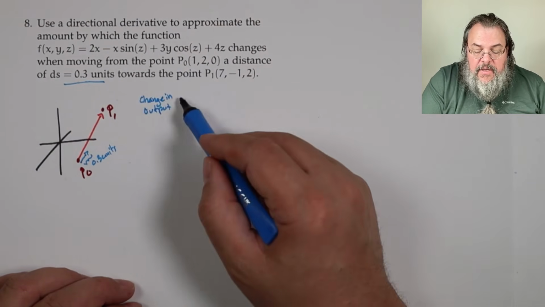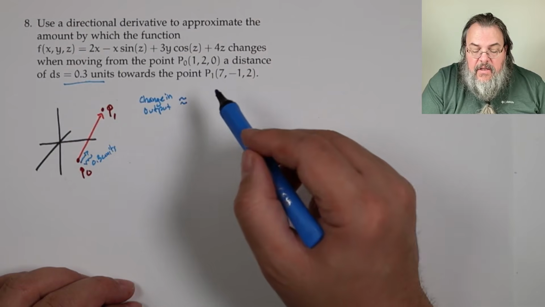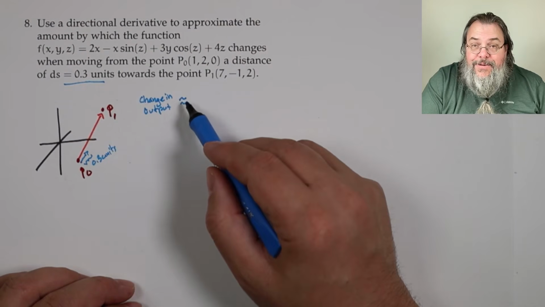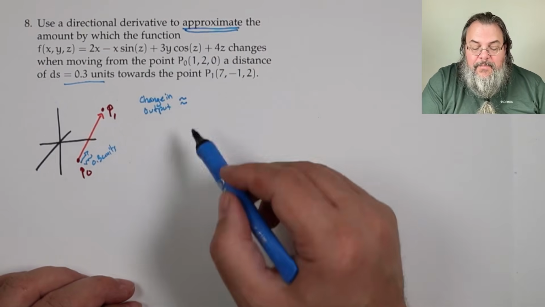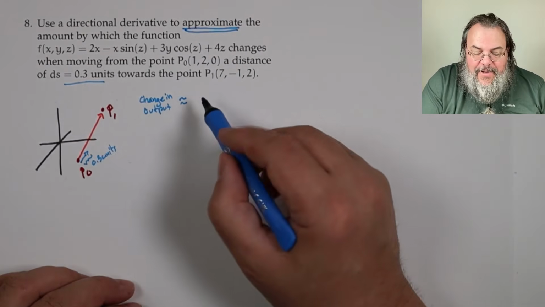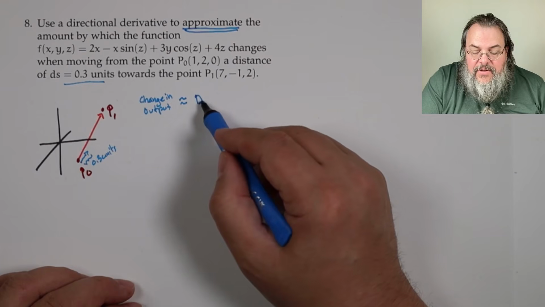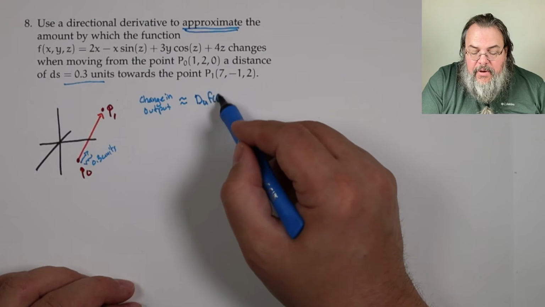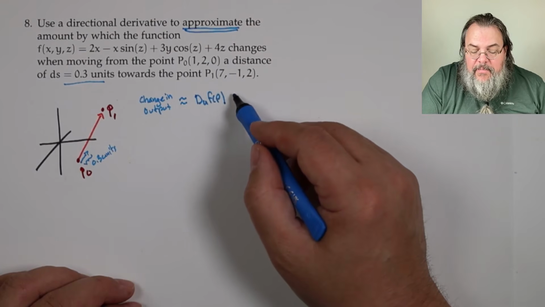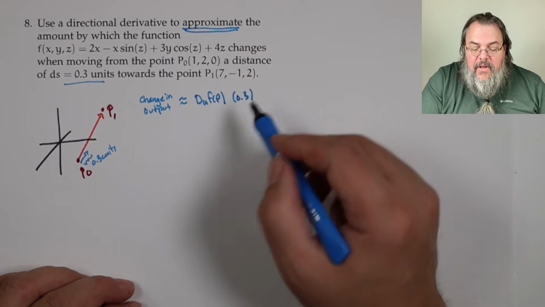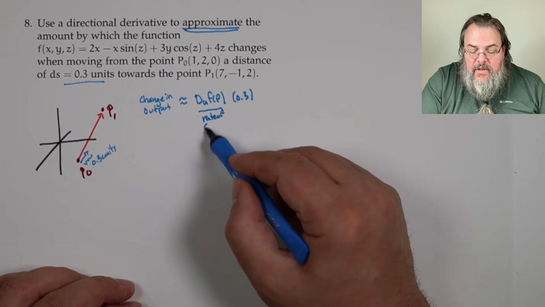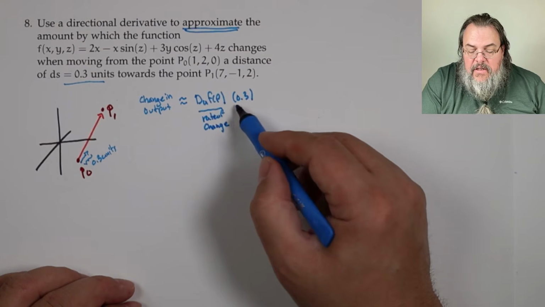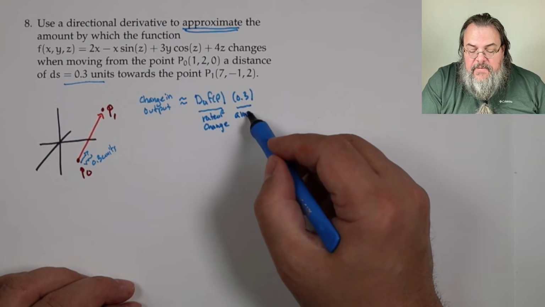The change in output is approximately, and I'll explain why I use the word approximately, you find the directional derivative at that point, and then you times it by 0.3. So this is your rate of change, and this is the amount of change of the input.